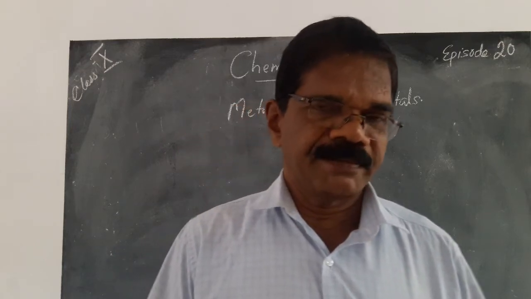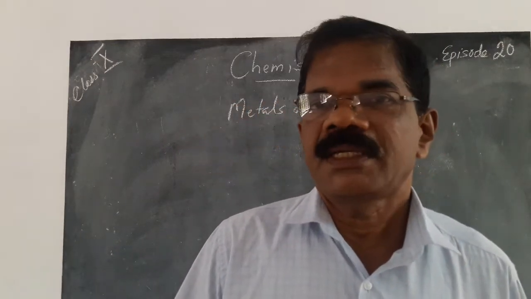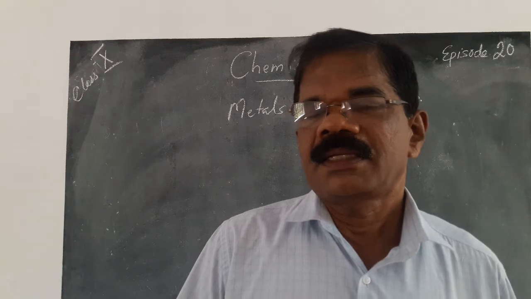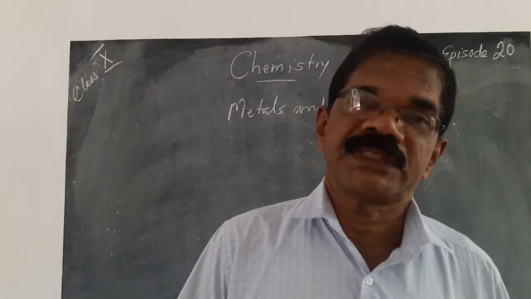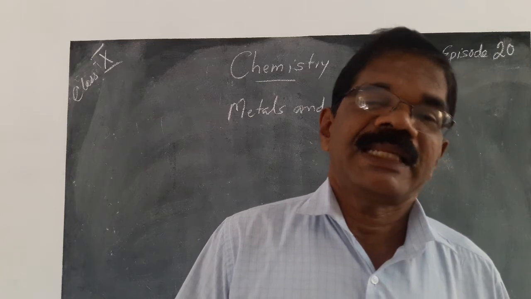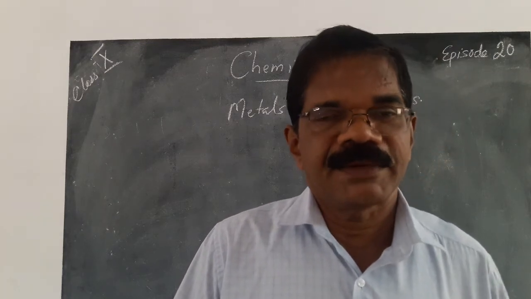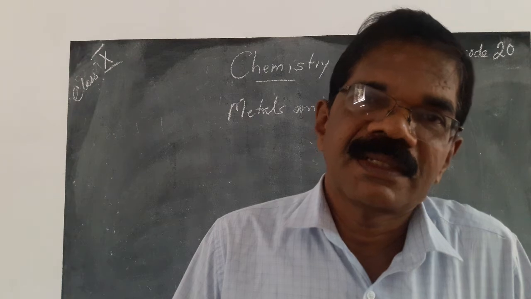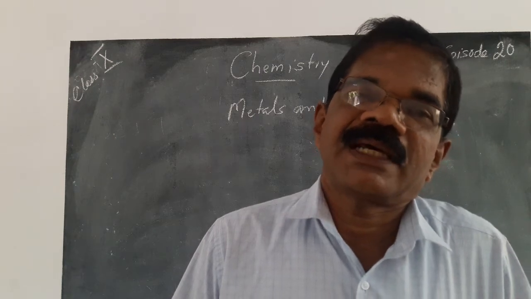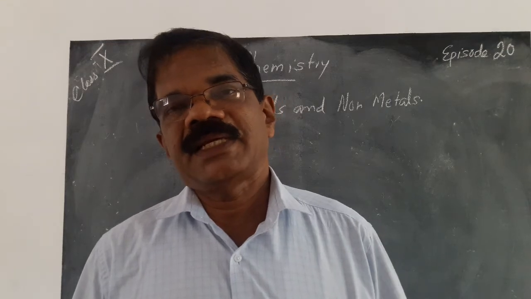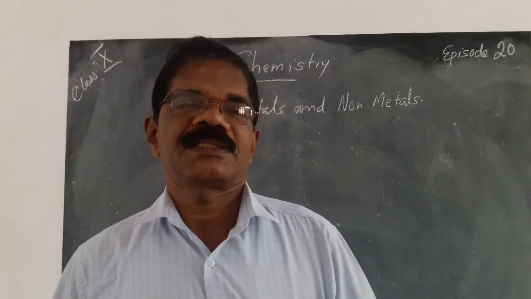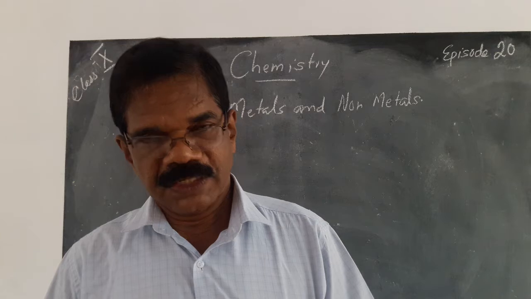For example, sodium, atomic number 11, contains 11 protons, that means 11 positive charge, and 11 electrons, that means 11 negative charge. So the net effect is that the atom is electrically neutral.